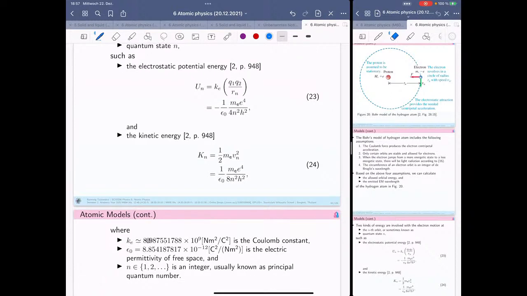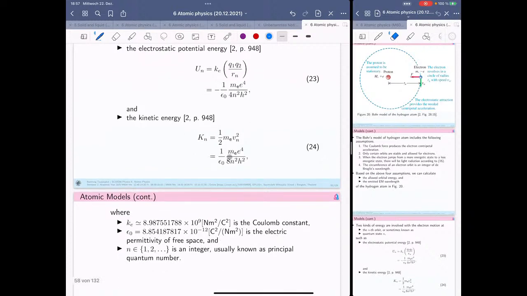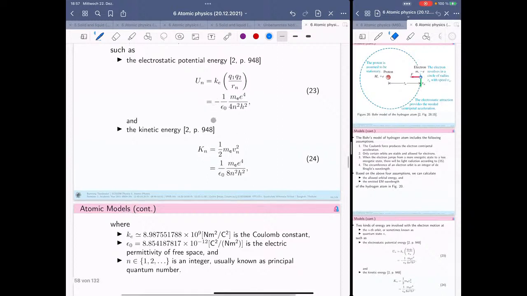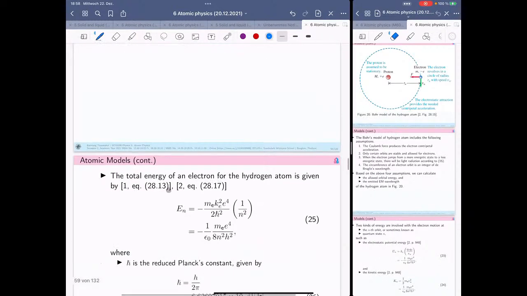K_e is 8.9, and epsilon 0 is the electric permittivity. n is the principal quantum number. You could see that this one is the negative version of this one, and half of the electric potential energy, and the total energy of the electron.